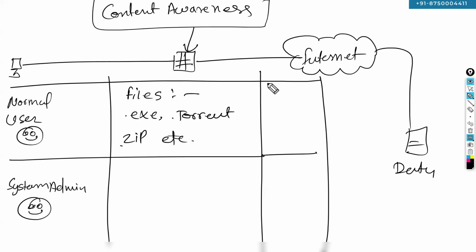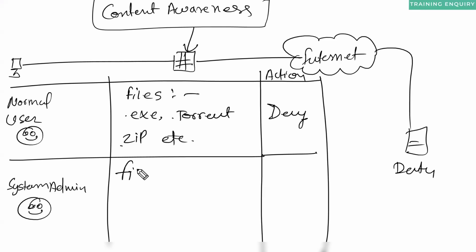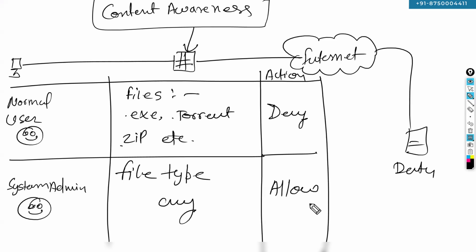Then we can define the action, like what to do: deny. Then for the system admin, the file types are any. System admin can download any kind of file.